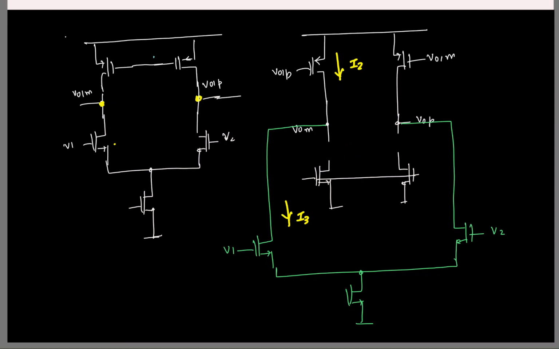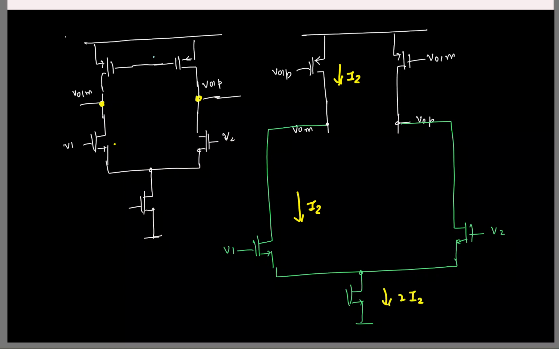So what you can do is you can get rid of this guy and say the two currents are equal. Okay. So if this is some I2, this is also some I2. So this will be 2 times I2. So this technique is often called current reuse, wherein we are reusing the same current for biasing both the second stage and the feedforward stage.